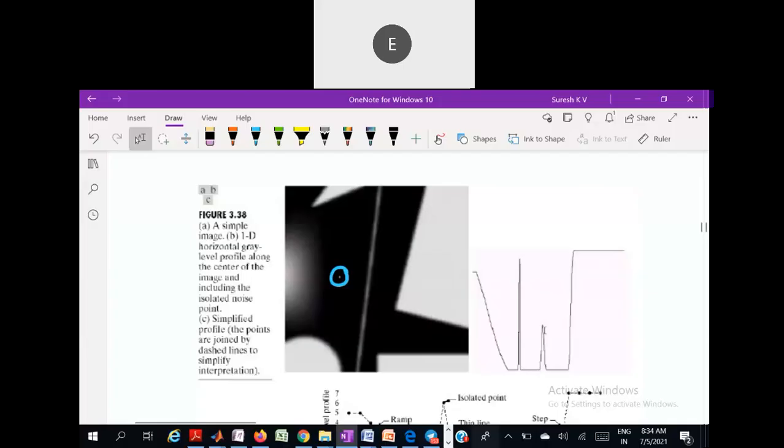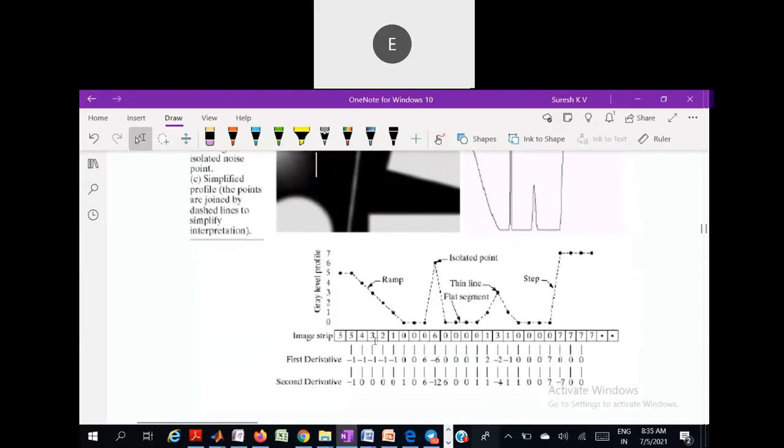Then again it is constant. Then, as I said, there is a rooftop type of edge, then it is constant, and then suddenly the gray level value is increasing to maximum. So this is a 1D plot of this particular scan line. So now let us understand the difference. So instead of a continuous image like this, what you see is a sampled version of this.